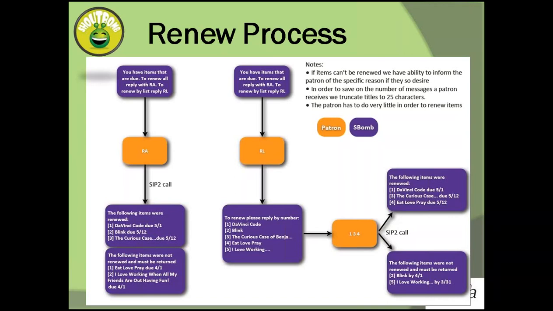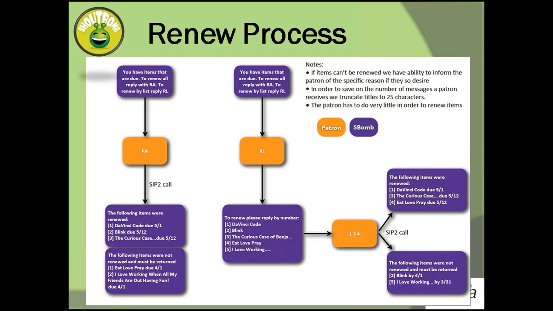So this outlines the steps that are happening from the patron and from us at Shoutbomb. The patron, once they receive the notice from us, has two choices for a renewal notice, for example. They can send just the keyword RA, which is renew all in short, and we would make an attempt to renew all their items that were eligible, that were part of the renewal notice itself.